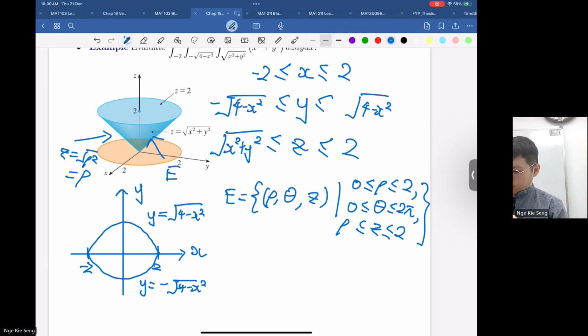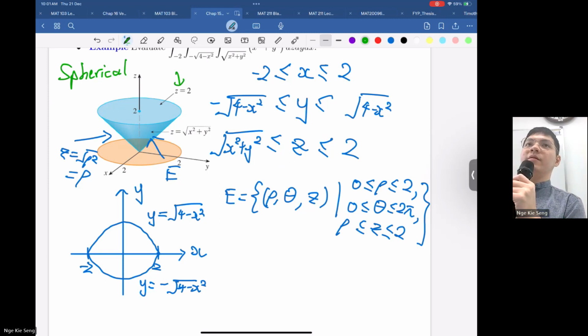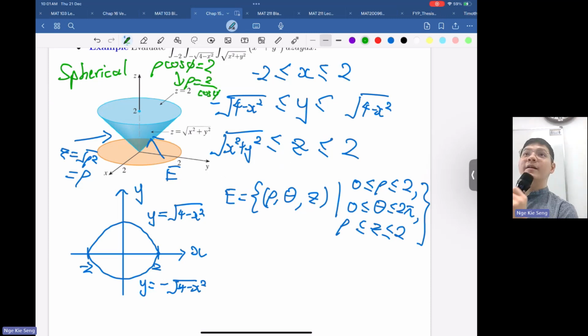So let's use another color for spherical. Can this plane be described in spherical? It is rho cos phi equals 2. So rho becomes 2 over cos phi. So if you're going to use spherical, then your radius will be bounded above by 2 over cos phi.